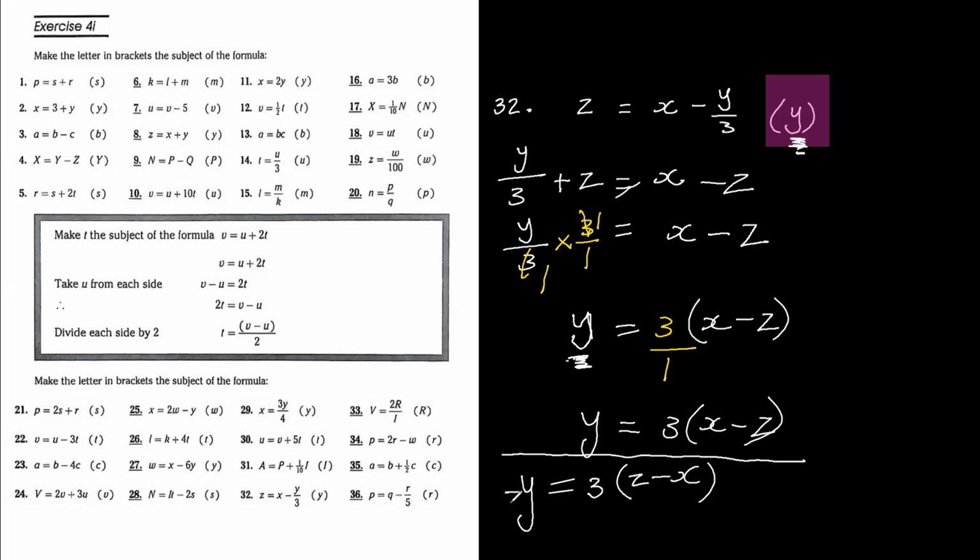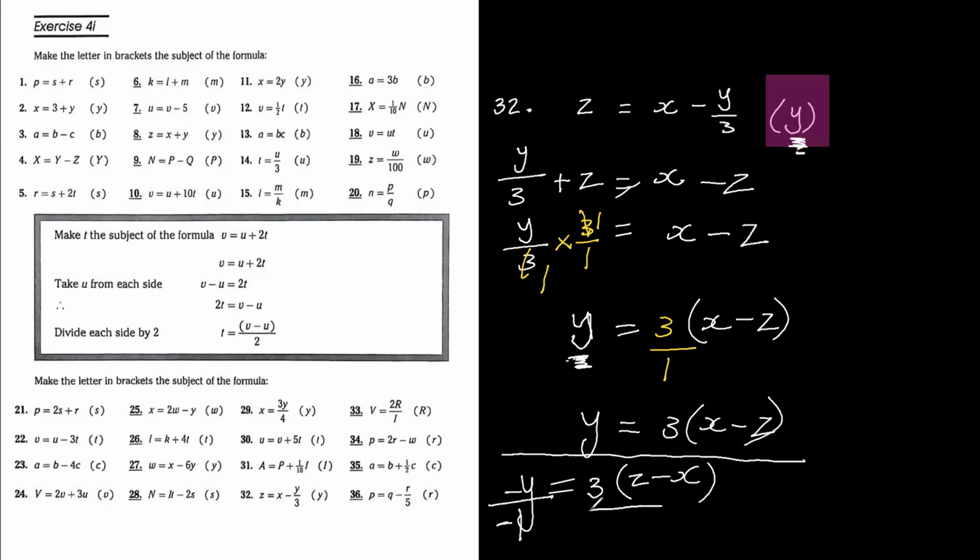So if you have negative y, how do I get rid of the negative? By dividing by what? Anybody? How can I get rid of a negative sign? Nobody knows? You have to divide by -1.